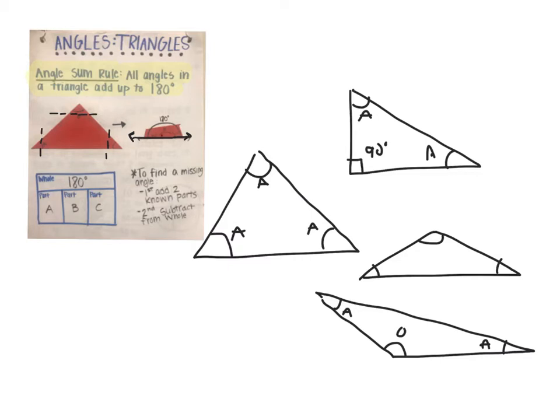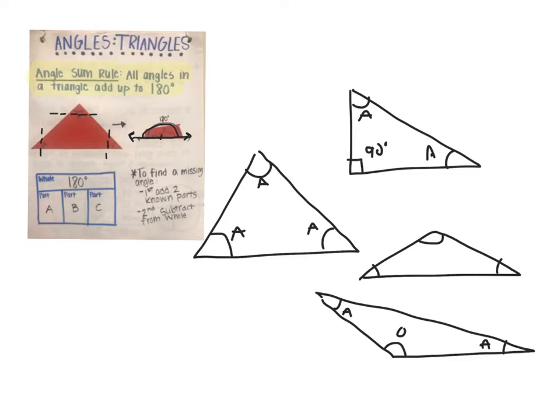Well, we know that a straight line or a straight angle measures 180 degrees. So that is just one way that we can prove that all angles in every triangle add up to 180 degrees.